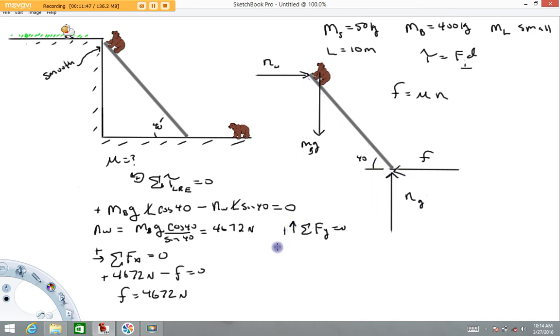We've got this force up, normal at the ground, minus the weight of the bear, so minus mg, and again, it's the bear's mass we need. And that's it. Those are the only forces that showed up in the free body. So that sum equals 0, and the normal at the ground is equal to the weight of the bear, which I get as 490 newtons.